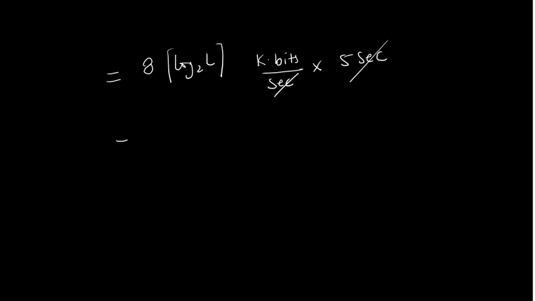So you will need a storage of 8 log 2 L kilobits, 8 into 5, which is 40 log 2 L kilobits. So if you want to save it on a compact disk, CD, then you need a CD which has at least this much capacity.